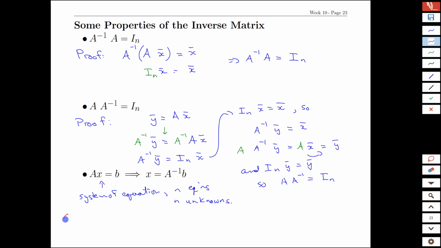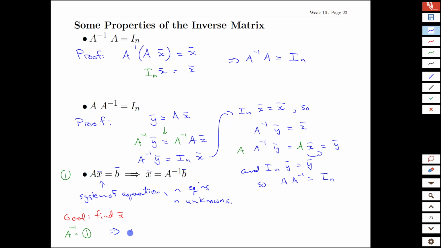Our goal is to find x when we have these equations set up, with little bars on the x's and b's. So we take this equation, call it equation 1, and pre-multiply it by A inverse, in front of each term.